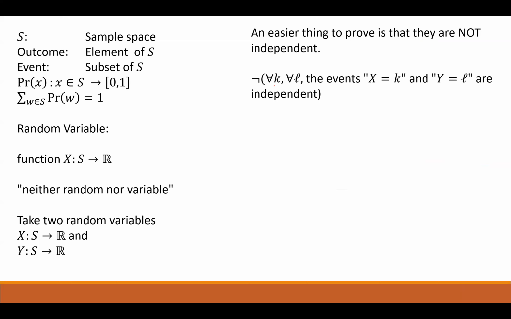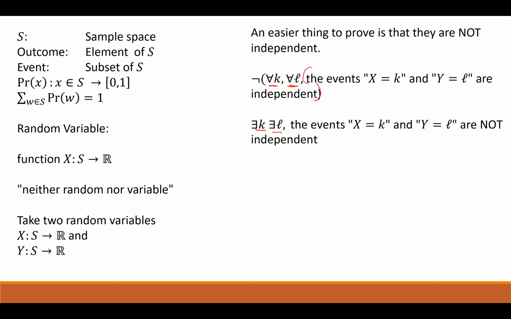So logically, I want to show if they're independent, then this is true. And I'm going to take the negation of this, right? If we remember our quantifiers and negation, if I negate these quantifiers, these for all k and for all L turn into there exists a k and there exists an L. And then I basically negate this part.